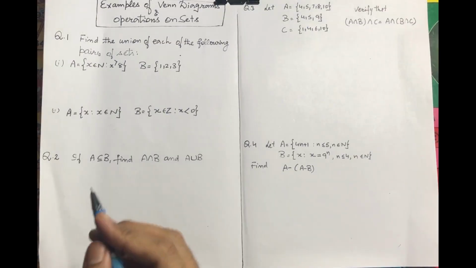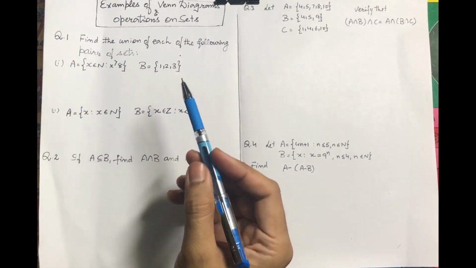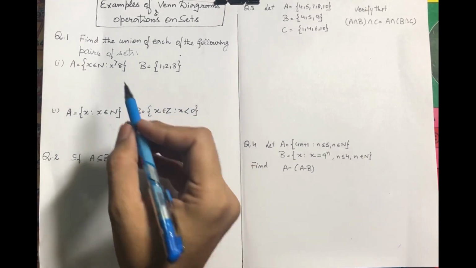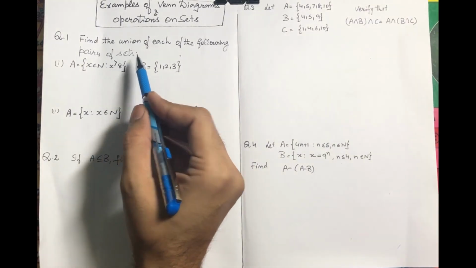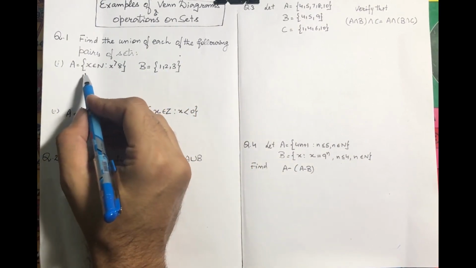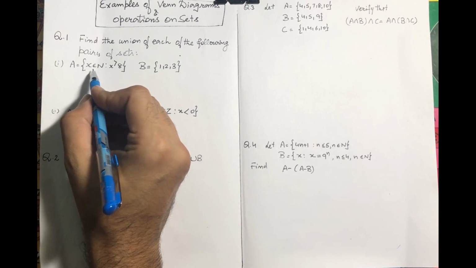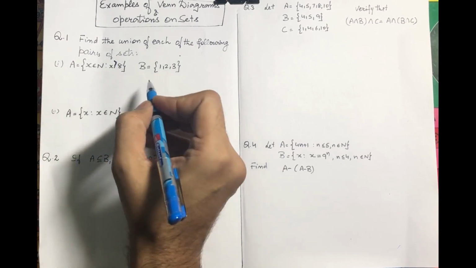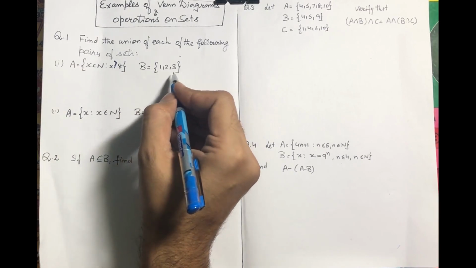Now we discuss some examples based on Venn diagrams and operations on sets. First example: find the union of each of the following pairs of sets. A is {x : x belongs to natural numbers and x is greater than 8}, and B is {1, 2, 3}.